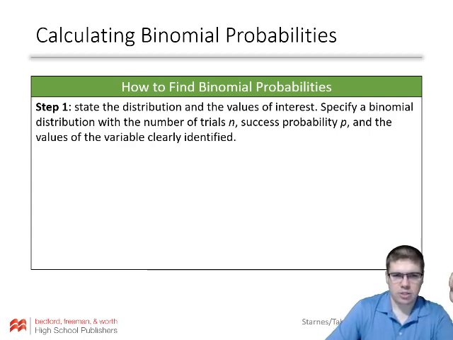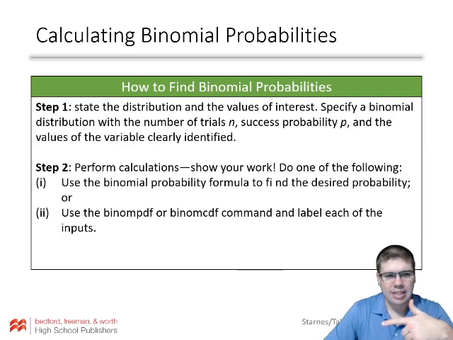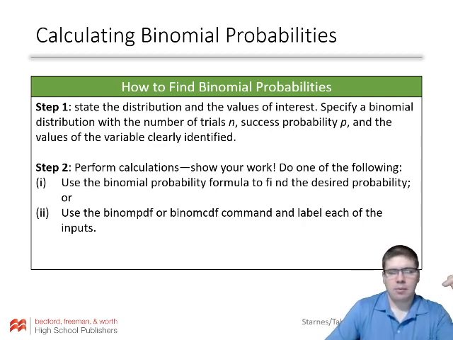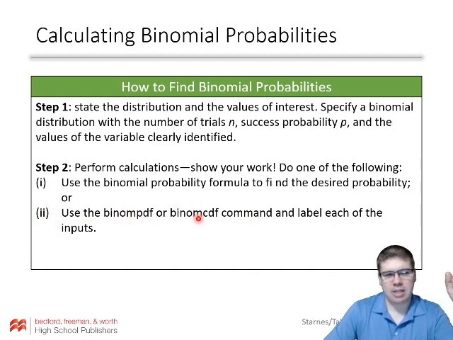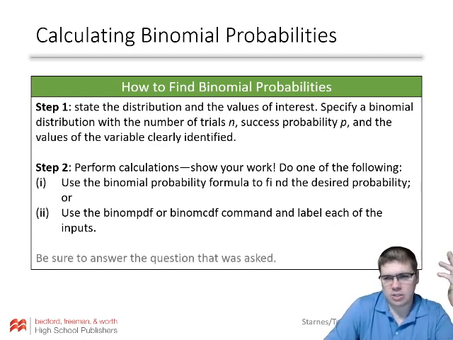Then you can perform your calculations, either with the binomial probability formula or, probably what you'll end up liking more, binompdf and binomcdf. But you have to make sure that you define N and P and that you're dealing with a binomial distribution. And then ultimately come back and answer the question that was asked in the end.